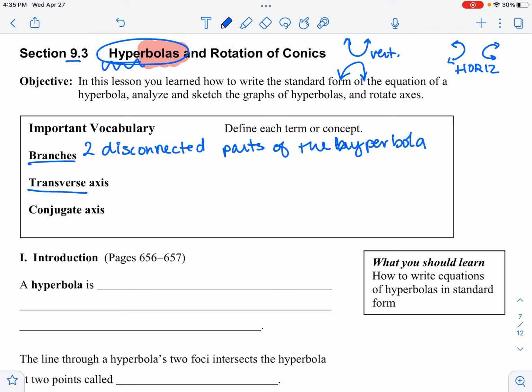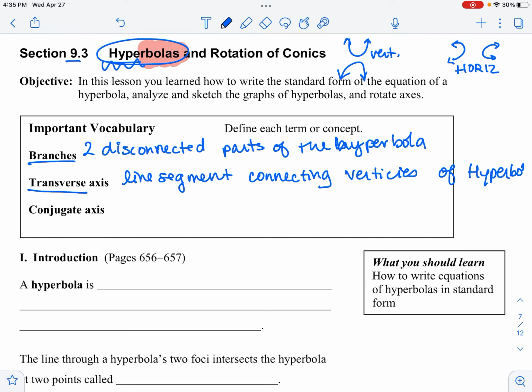And the transverse axis is the line segment connecting the vertices of the hyperbola. It's also the value of 2 times a, which we'll get into.